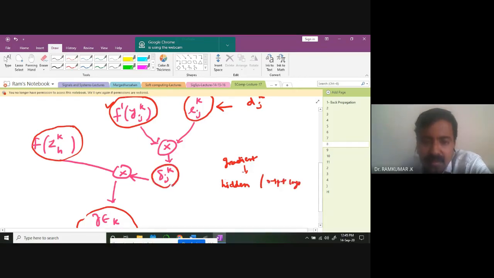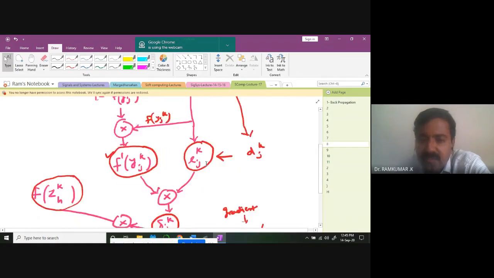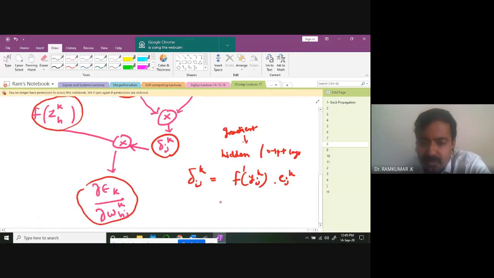Delta jk is a key term. It's nothing but f dash jk into ej, that is, 1 minus f jk into f jk into ej. That is the delta term.